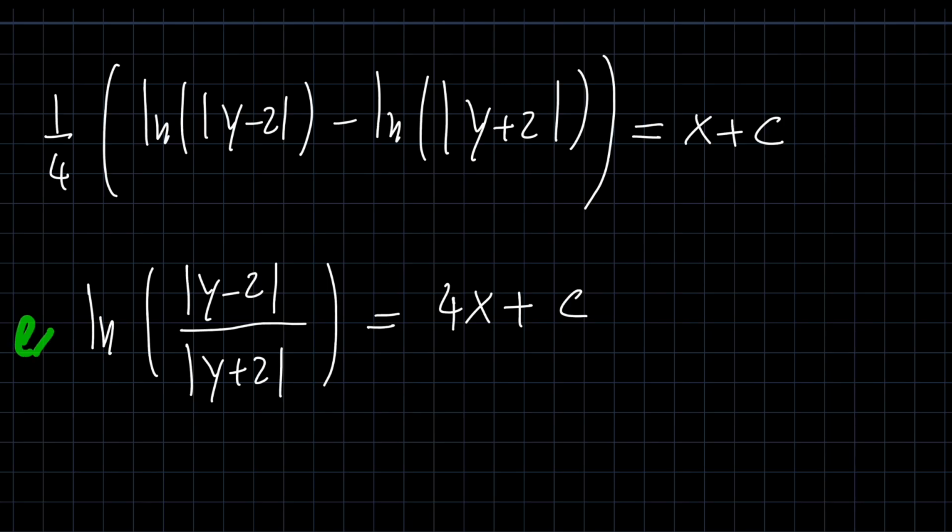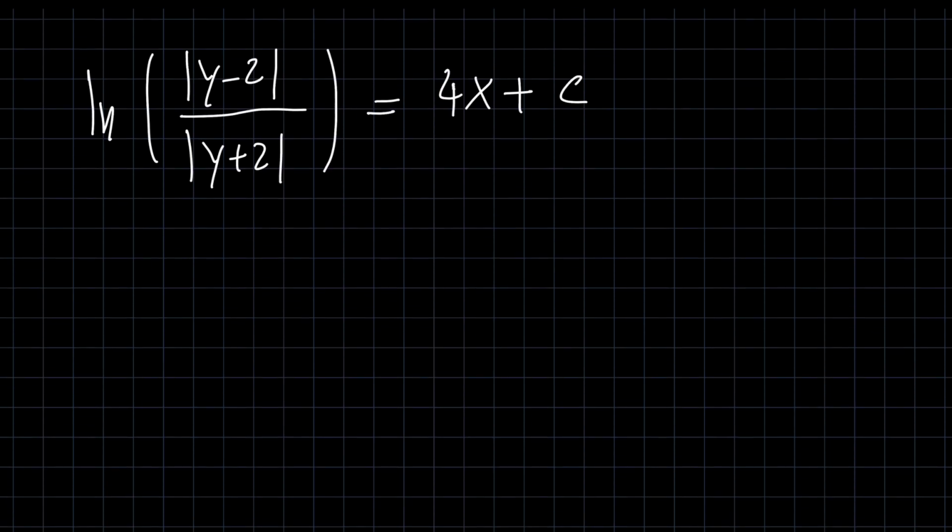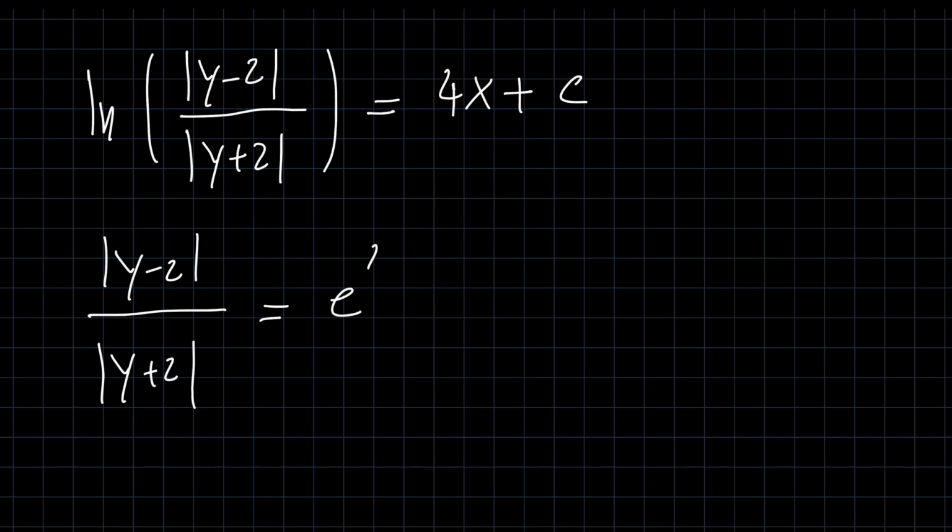So I take the exponential on the right and on the left of everything. And what do I get? The exponential of the log is just the argument of the log. So this is the modulus of y minus 2 divided by the modulus of y plus 2 equal to e to the 4x plus c. Now let's focus a little bit on the right-hand side.